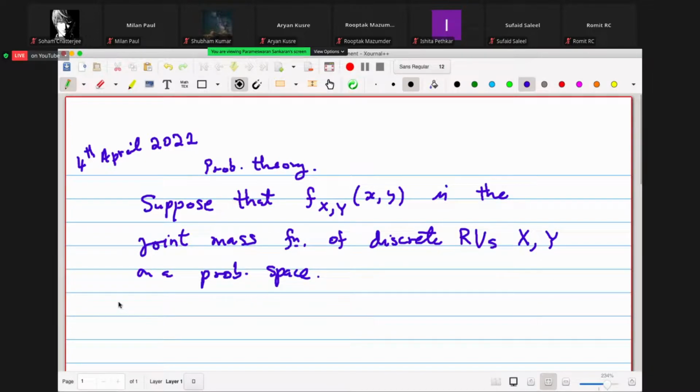So recall, Y given X equal to x is the random variable defined as, okay, with mass function.